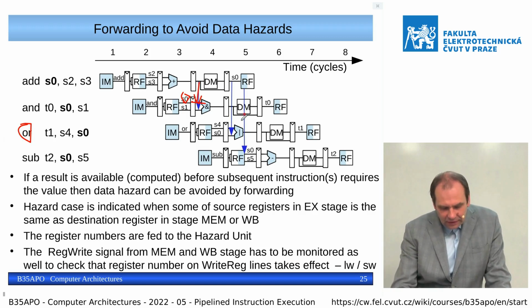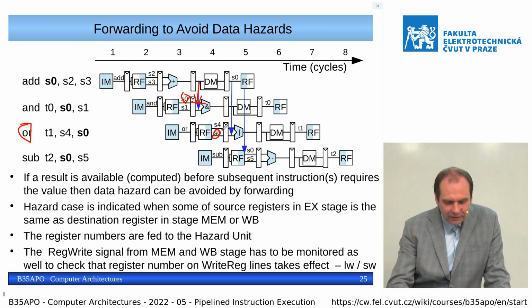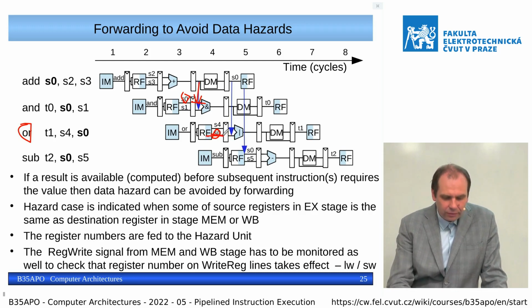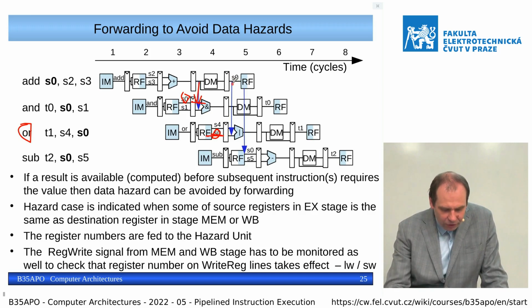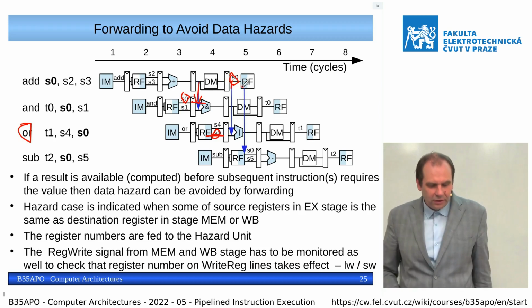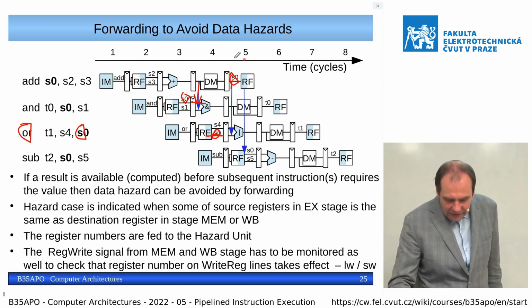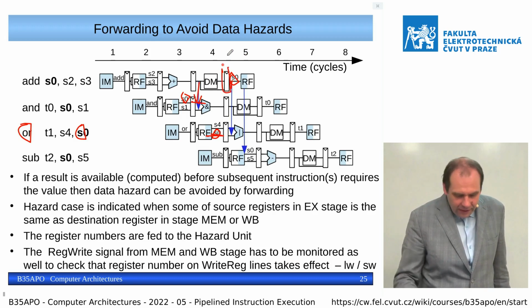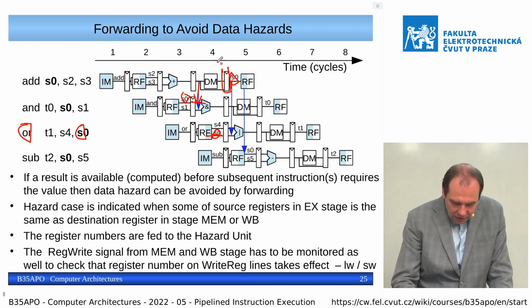It needs the value S0 read from the registers in the 4th clock cycle, but we allow this instruction to continue with the execution even with an incorrect value read from the register. But in the 5th clock cycle, we know that the actual value which should be written to the register S0 is available on the output of the interstage register, which is mem to write back.